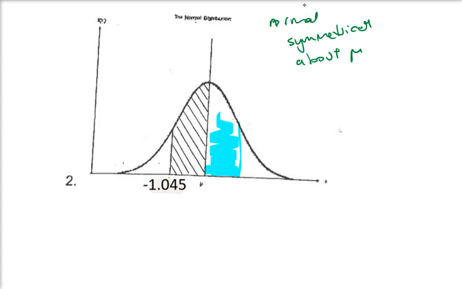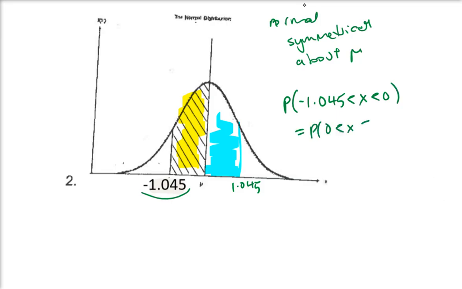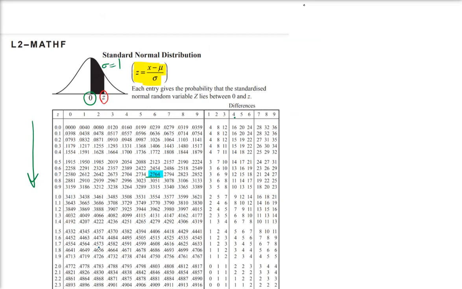So finding this shaded yellow part would be the same as finding the shaded blue part there with the same z-score. So the probability of finding between negative that and 0 is going to be the same as finding between that and the positive version of that, which is now the same picture as on our tables.